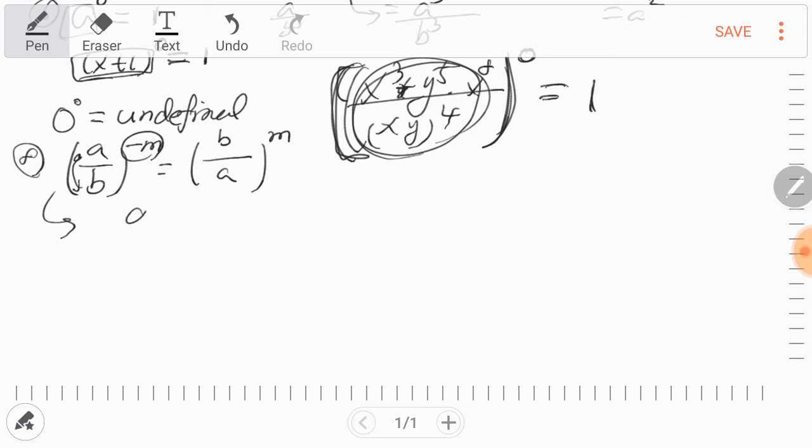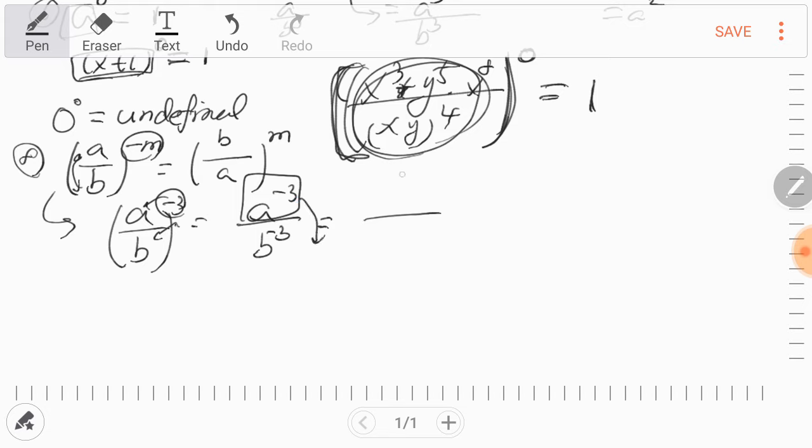Just an example, a over b, let's say this is raised to the negative third power. Then we can assign the power to each numerator and denominator. Since the power is negative, we can change the position. So move the numerator to the denominator, then change the sign of the exponent, a cubed. Even the denominator, move it to the numerator, then b to the positive 3rd power.